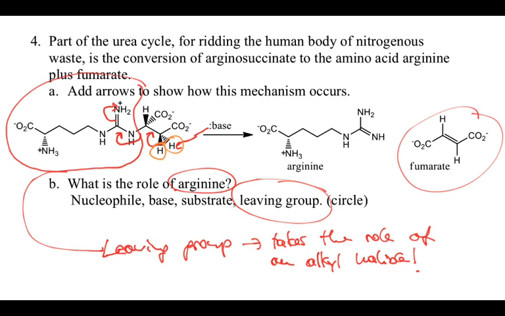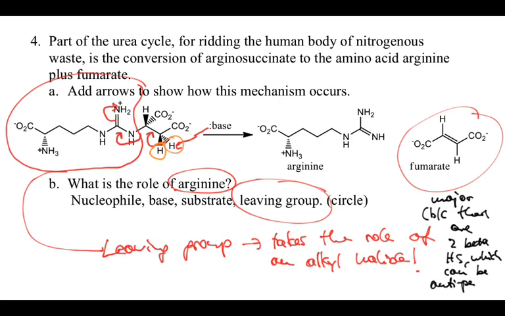So the actual situation here is that you form the fumarate, and this is the major product because there are 2 beta hydrogens, beta H's, which can be anti-periplanar.